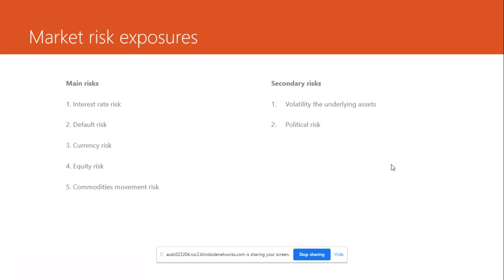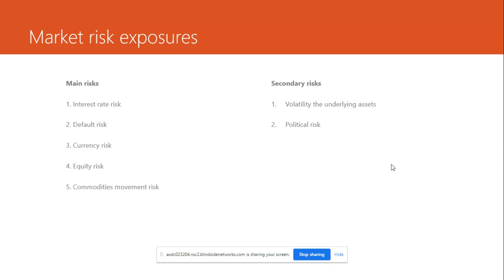And regarding the default risk, when the fund invests in bonds, for example in the emerging markets, where the politics are not stable, the fund manager needs to pay attention to the default risk of these countries, which is much higher than investing in a developed market.